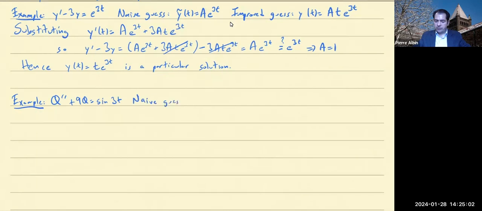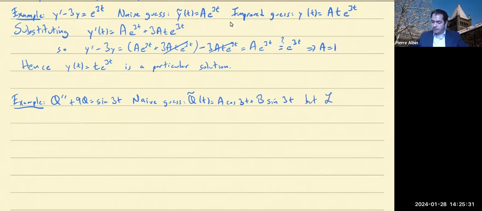Our naive guess would be q tilde of t equals a cosine 3t plus b sine of 3t, right? Because the right-hand side is sine of 3t, our forcing function, and so we should try a linear combination of cosine of 3t and sine of 3t.